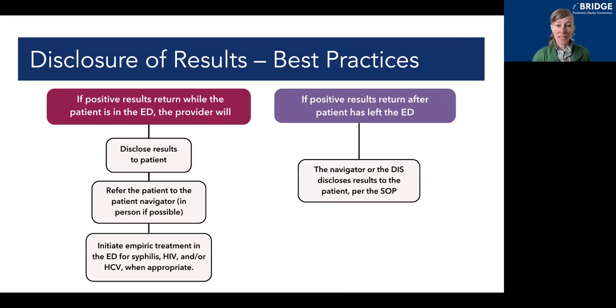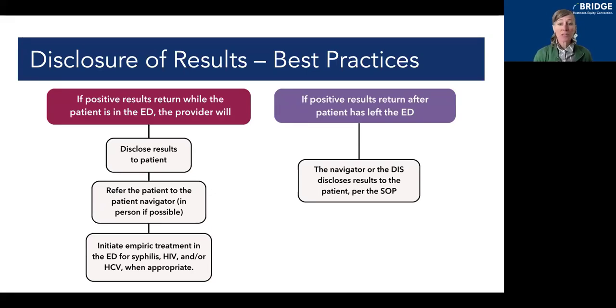Of course, we understand the reality for many of your sites who are just getting started with implementation and or are building capacity for quicker turnaround of lab results is that positive results may return after the patient has left the ED. So really important either way that who is going to disclose results is clearly outlined in your SOP.